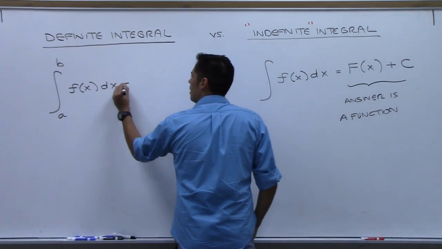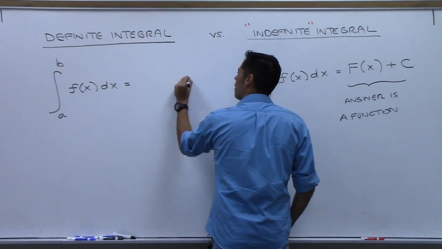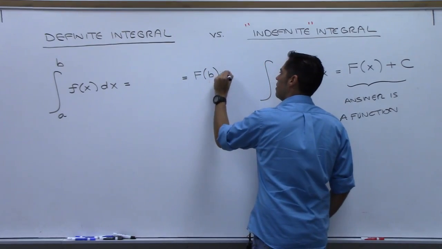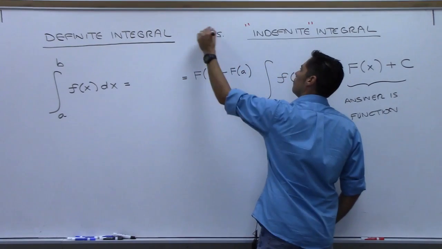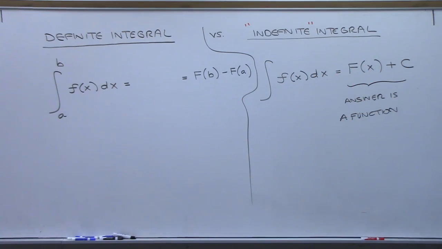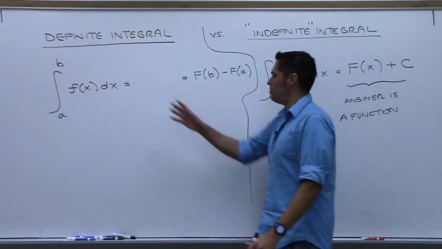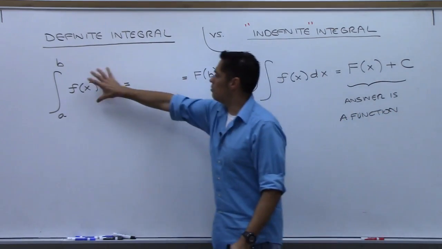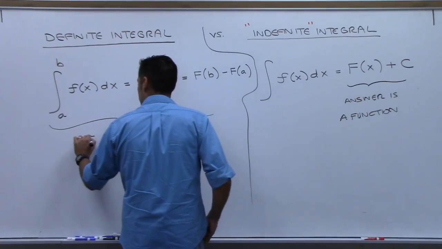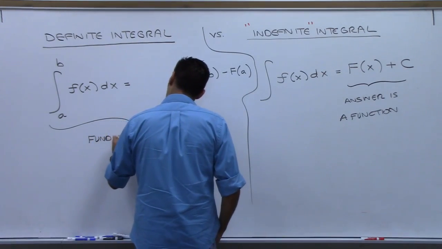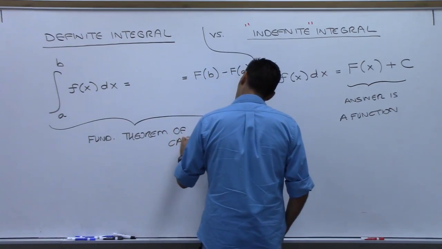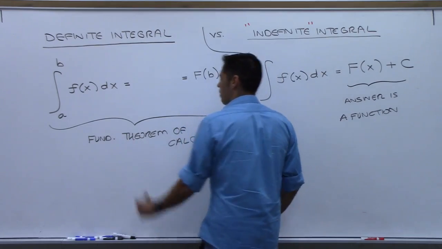And so I will write here equals, and I'm going to leave a space intentionally. And I'm going to put capital F of B minus capital F of A. Now this relationship here, of this integral meaning this, actually comes from what's called the fundamental theorem of calculus.